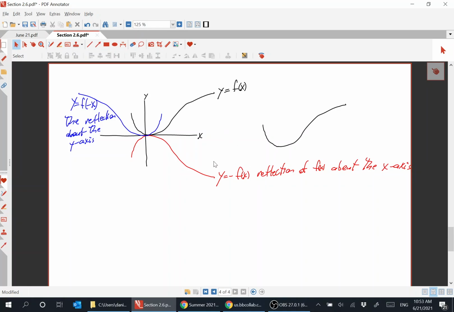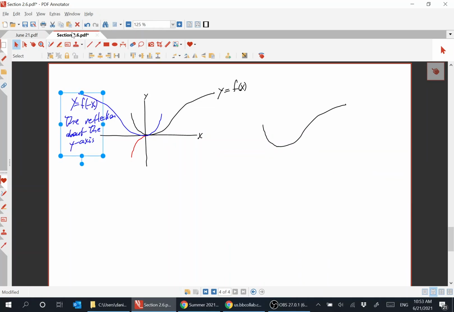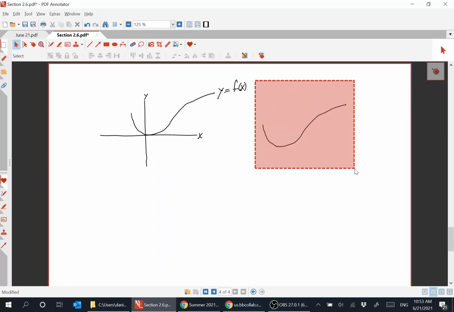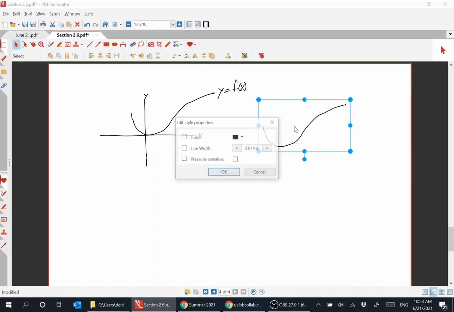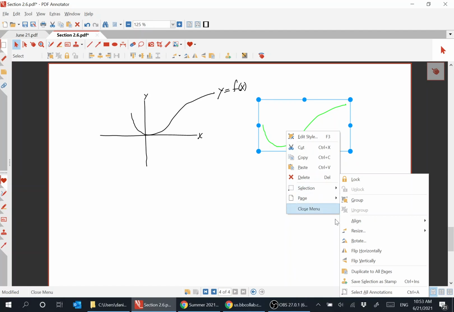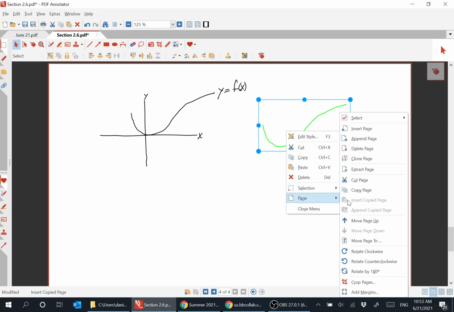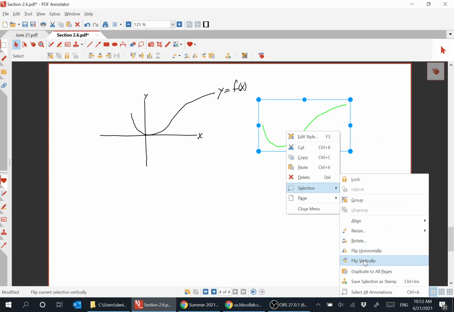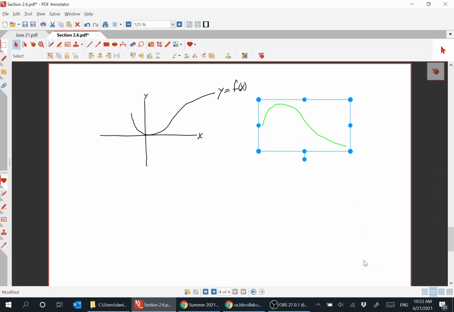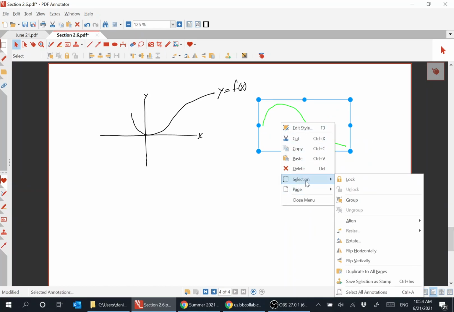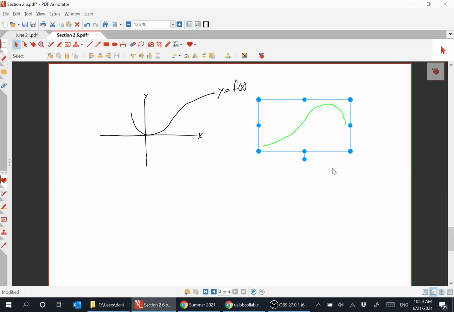So let's just erase this one. So now I'm going to take this and I'm going to reflect it along a horizontal line, along the x-axis, and also I'm going to do the reflection along the y-axis, like that.